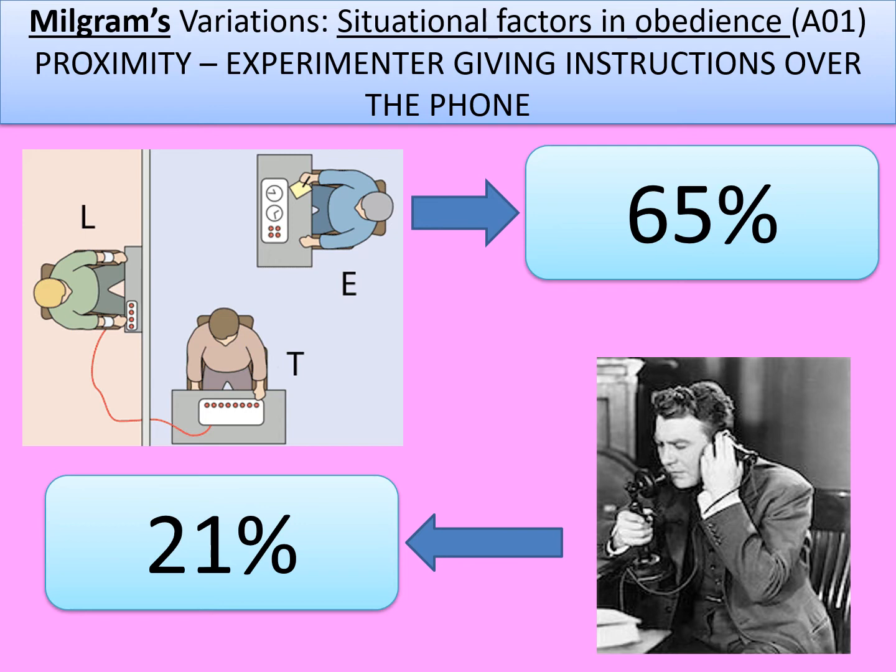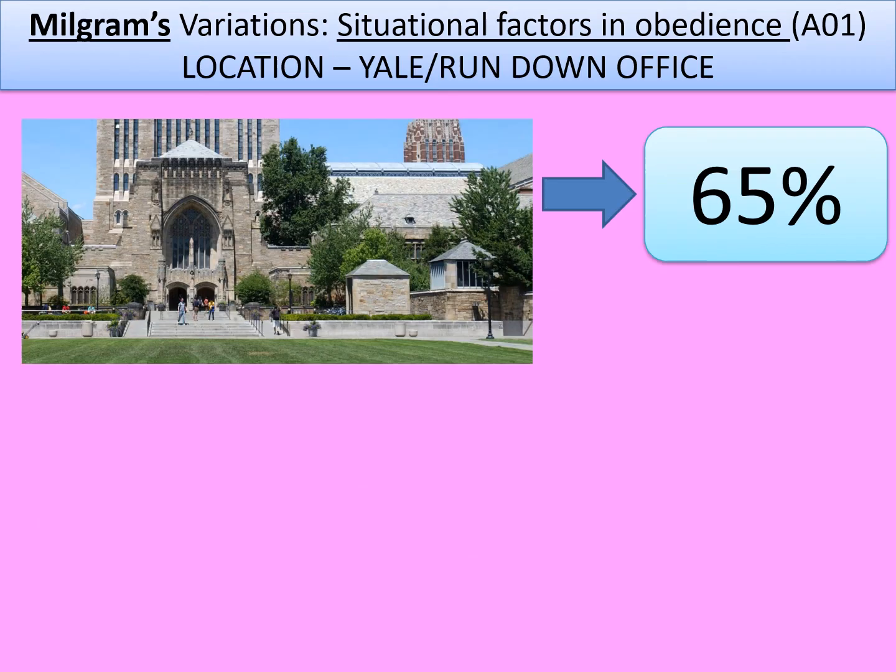So if you decrease the proximity of the legitimate authority figure, people are less likely to obey. The further away the legitimate authority figure is, you don't feel as much pressure to obey them, because you can lie and say, "Yep, I've done that, no problem." So you don't feel as much social pressure to obey.